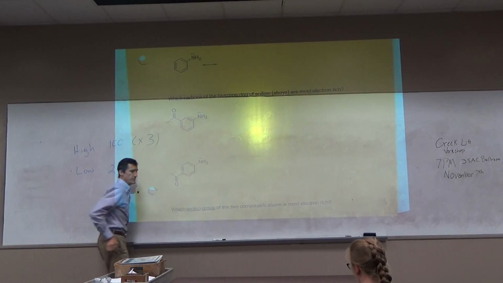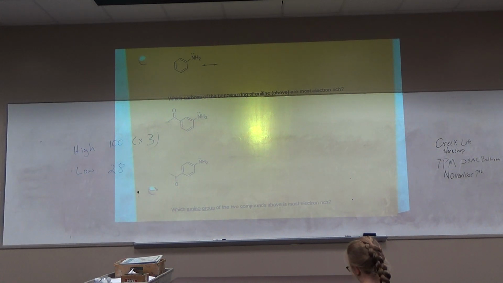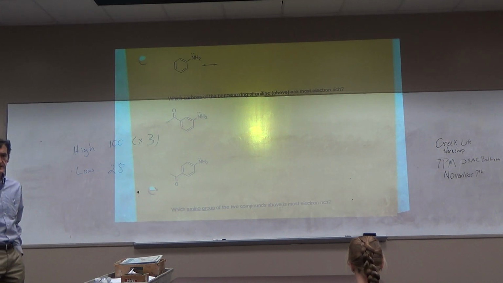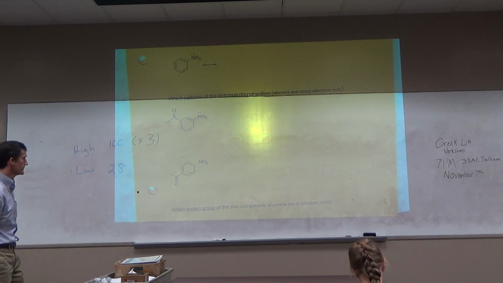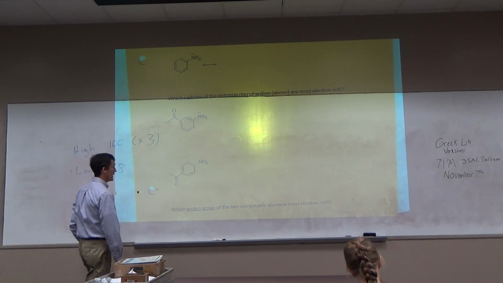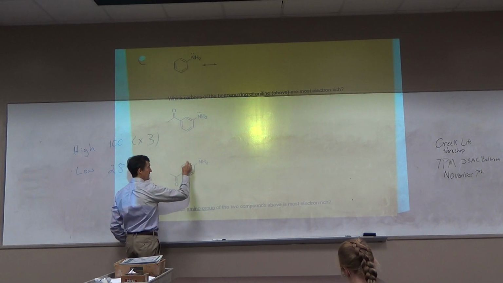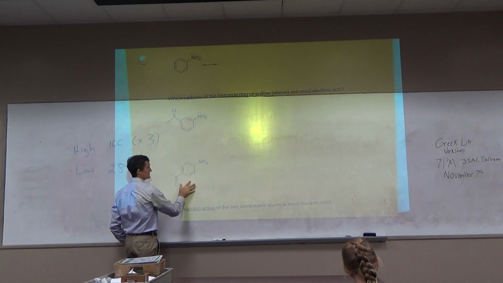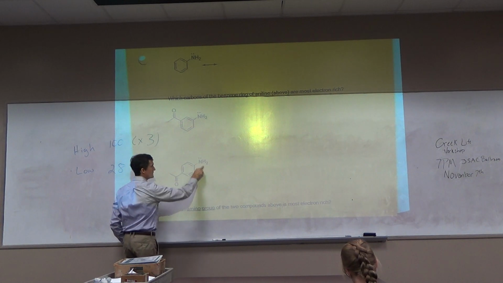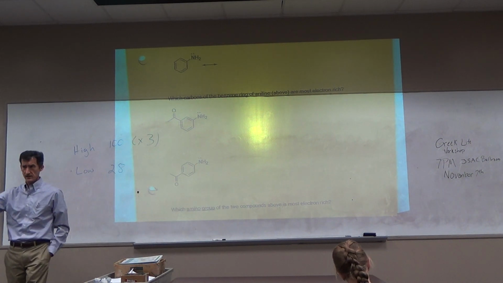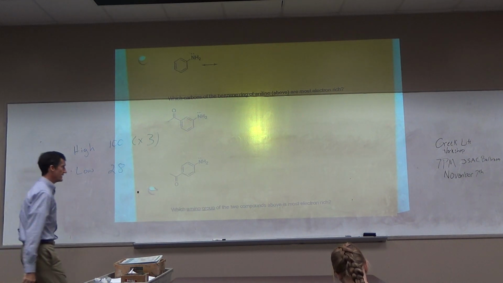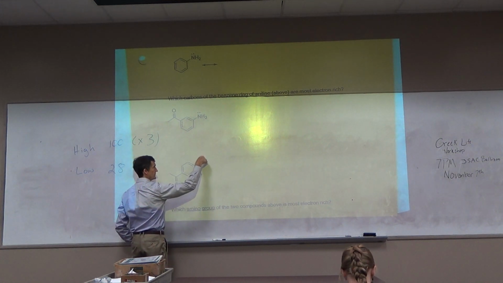Basically, they both have a lone pair, but in each case, the lone pair is delocalized by resonance. You can move that lone pair around, and we can actually end up with a lone pair somewhere else. The more you can move it around, the more it's delocalized. The more it's delocalized, the less of the electrons are on the nitrogen.